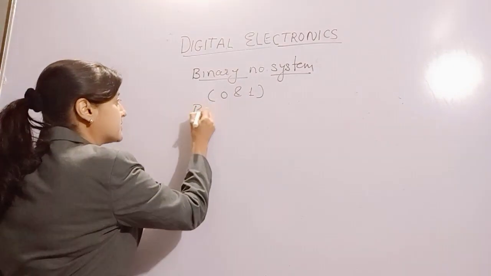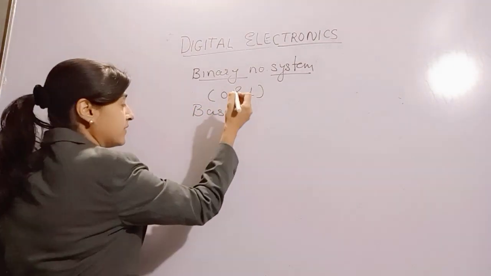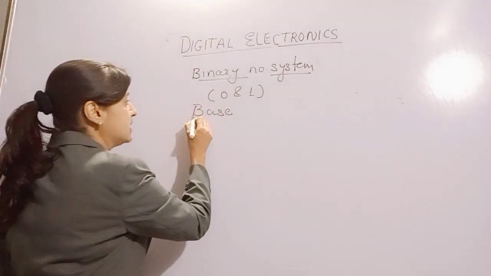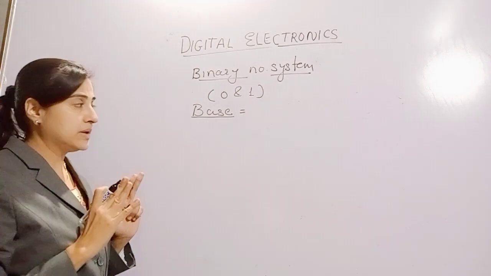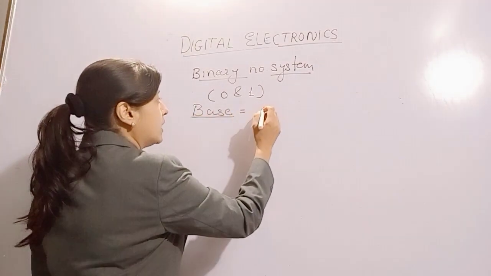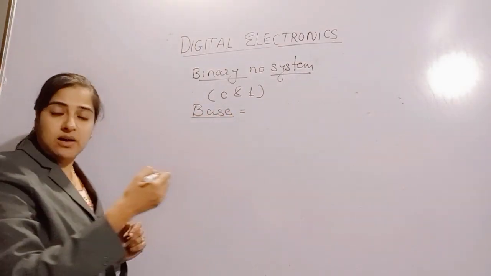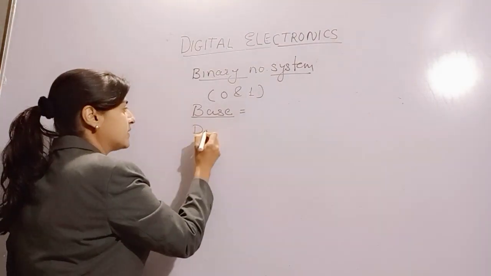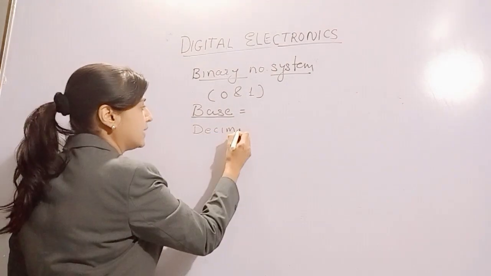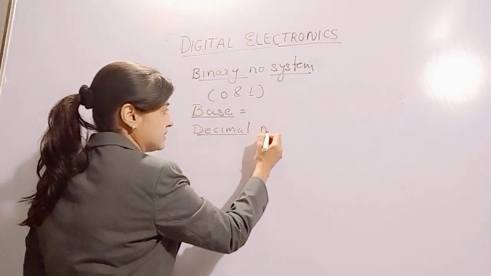Now when we study any language, or any number system, we should know the base of that number system. What do you mean by base? The number of symbols any language uses is known as its base. For example, start with the number system which is familiar to us, that is the decimal number system.